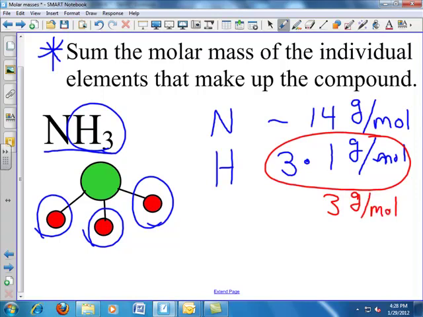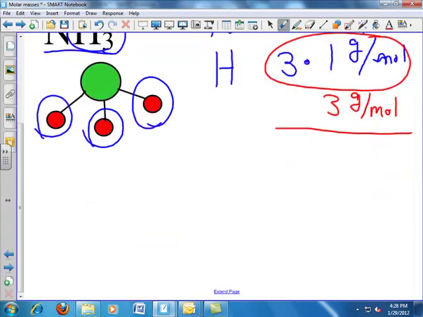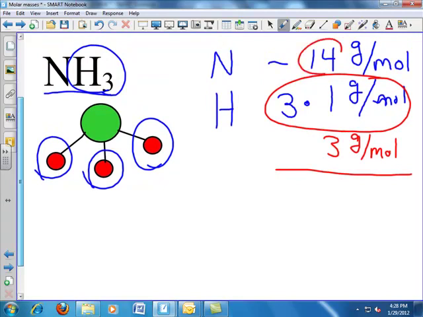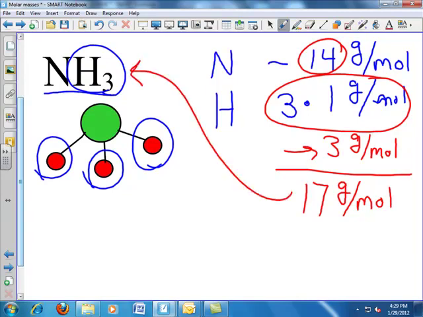And I wish I would have written this differently. So the total molar mass of ammonia, I would just add these up. I would take the 14 plus the 3, so the total molar mass of ammonia is 17 grams per mole. So this 17 grams per mole is the molar mass of NH3.